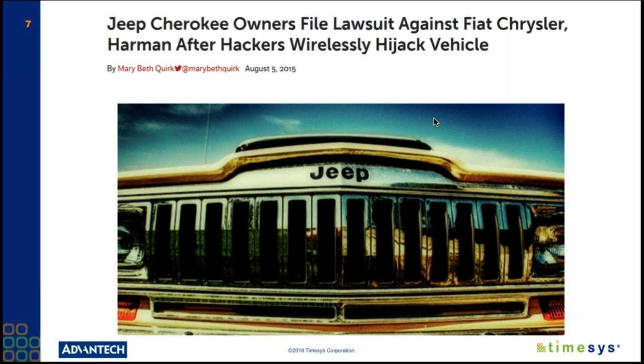Through this access point, the researcher was able to take full control over the braking system, steering, and ignition. As we know, many of the systems in our cars right now are controlled through electronics, and getting access to them remotely is a big security challenge.